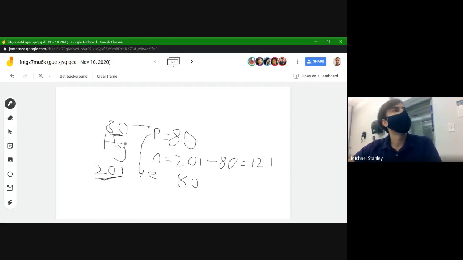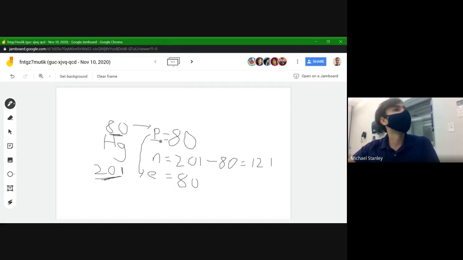So Mercury has 80 protons because it has an atomic number of 80. The number of electrons is 80 because the electrons have to equal the protons.